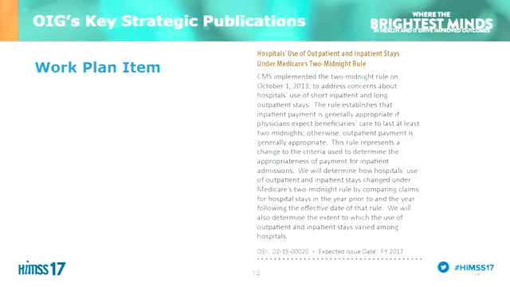There are a couple other clues in the work plan write-up about what will eventually come out of the inquiry. For instance, at the bottom of each work plan item, you'll see a unique identifying number. This one starts with OEI, which means it's coming from our Office of Evaluation and Inspections. From this, you know it is likely going to be doing a couple of things.